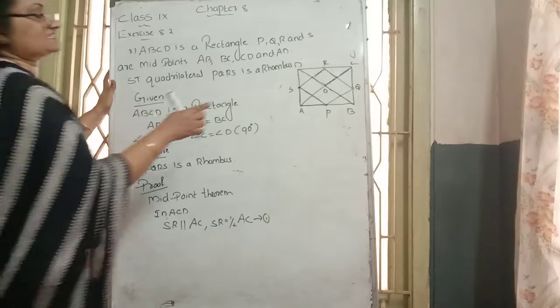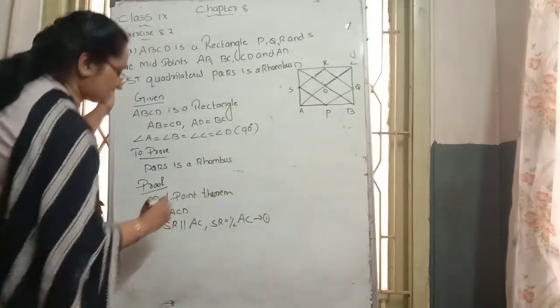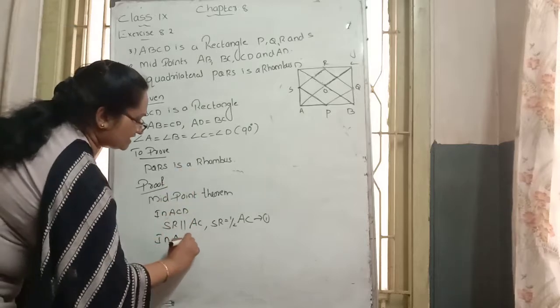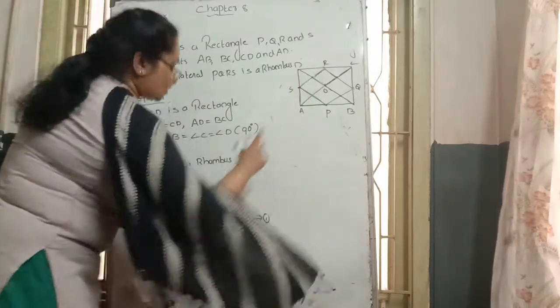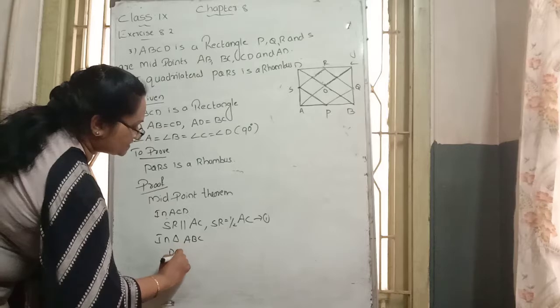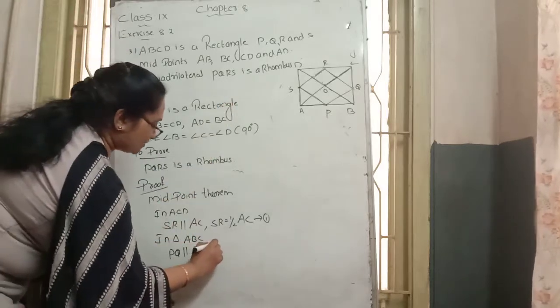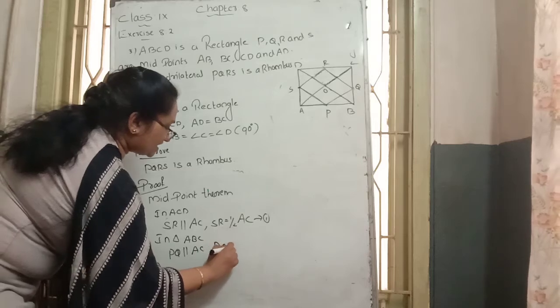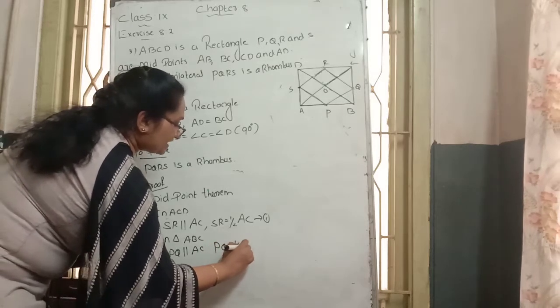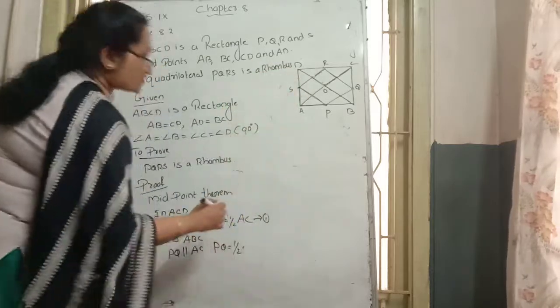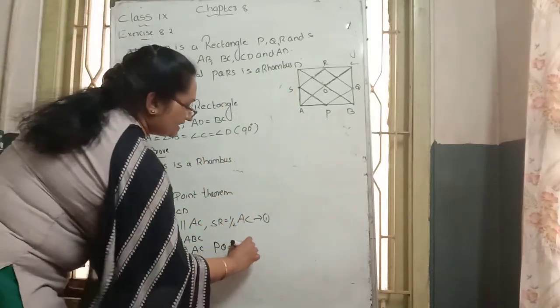Next, in the second triangle, triangle ABC, side PQ is parallel to side AC, and PQ is half of side AC.